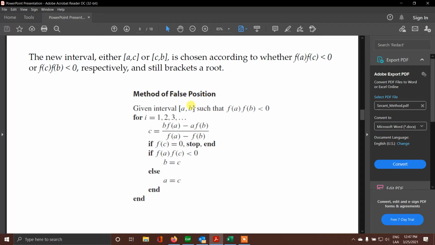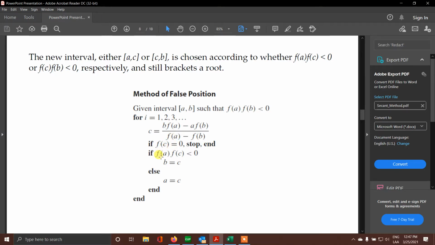So remember that we have to give an interval A and B. We have to verify it by multiplying the functions evaluated at the interval, and the result has to be less than 0. So we only need a for loop, the equation, and an if conditional, where you evaluate the function in C. If this function is equal to 0, you have to stop, and then C is going to be the root. If not, you just have to identify where the root is.